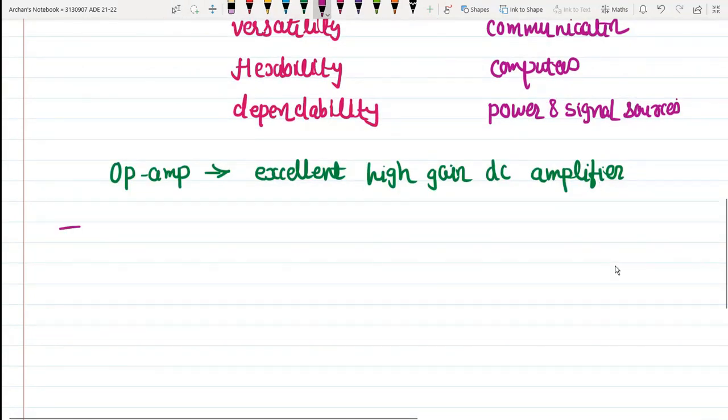Right? Now, what do you mean by differential amplifier? Okay, anyone?